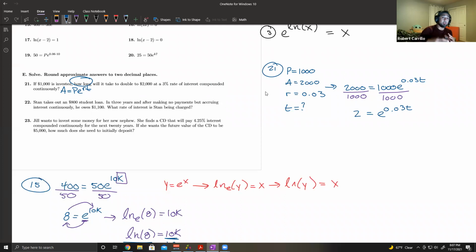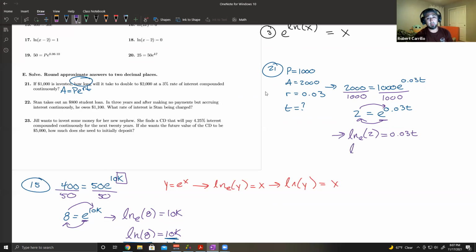Okay, so now we are all set. We are ready to convert to natural log. So we're going to say log base e of that outside number of 2 set equal to that exponent of 0.03t. Okay, we have converted to log.